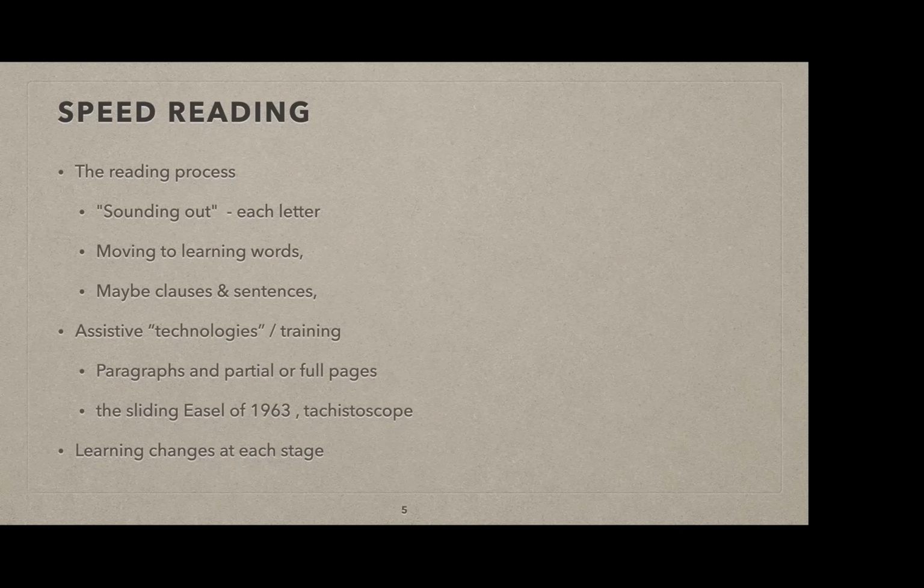But what happens next, and a lot of children do learn to widen their vision enough, is that the next part of the process is to look at the page, pull those little squiggles into your memory, and inside your brain up pop the words, and if you're really good, maybe the clause or even the sentence.